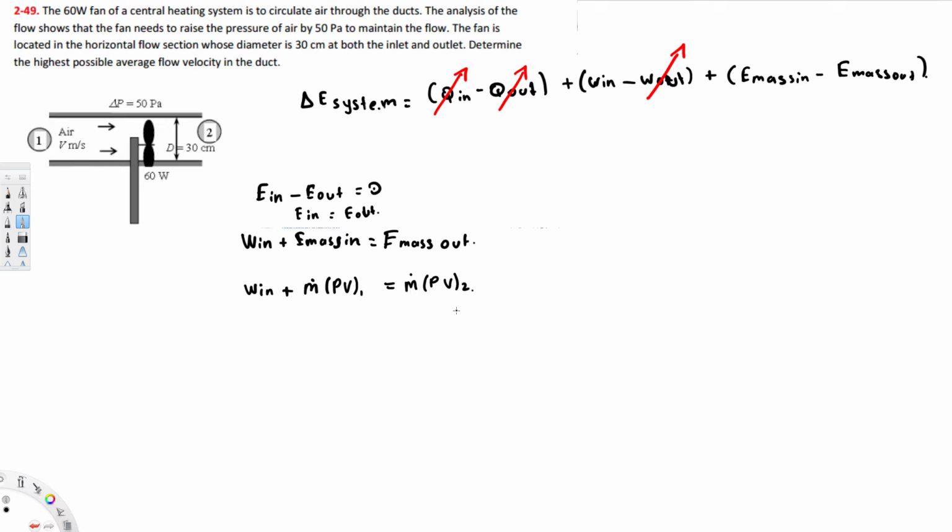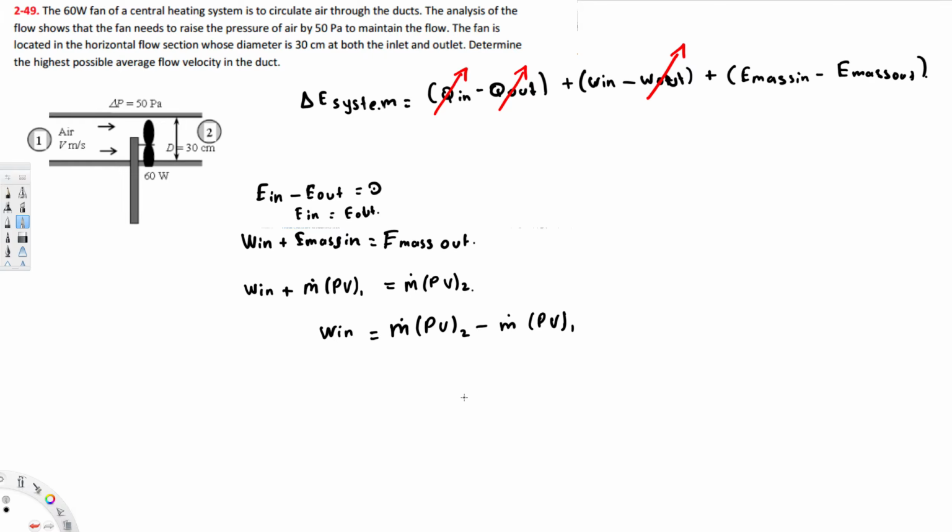So let's rearrange this one and see what we get. W in is going to be equal to m dot P v2 minus m dot P v1, right?